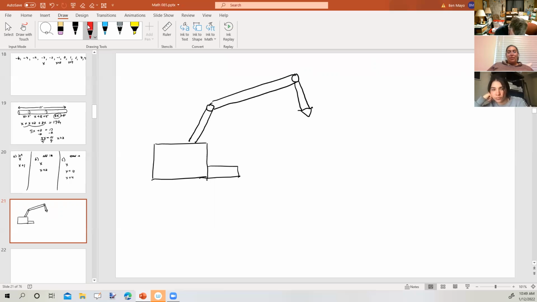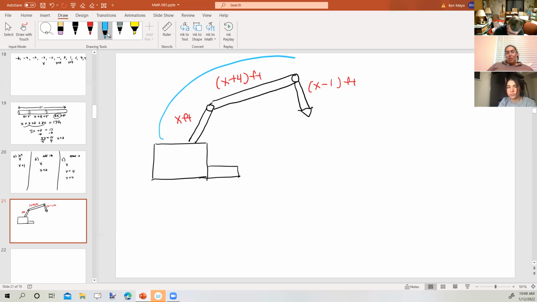And they tell us this piece is x feet long. This piece is x plus 4 feet long. And this piece is x minus 1 feet long. Okay. The robotic arm will extend a total distance of 18 feet. So all of this is 18 feet. All right. Find the length of each section.